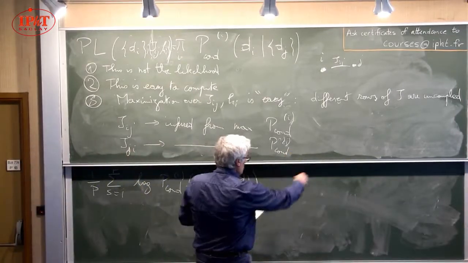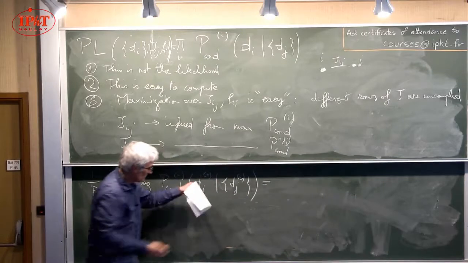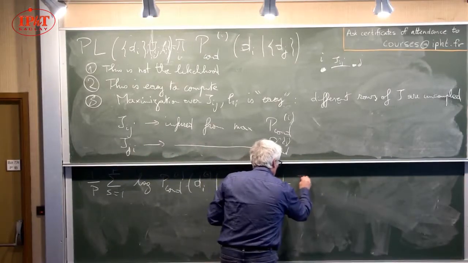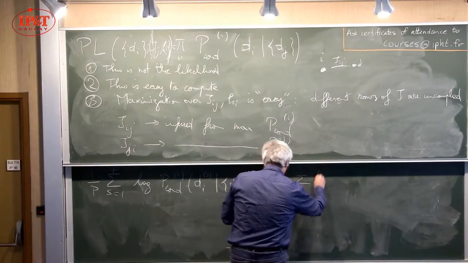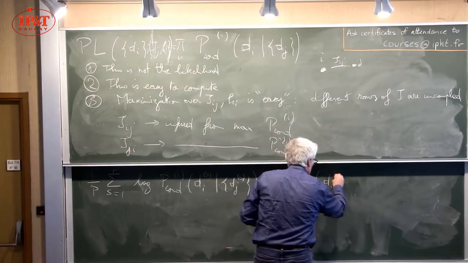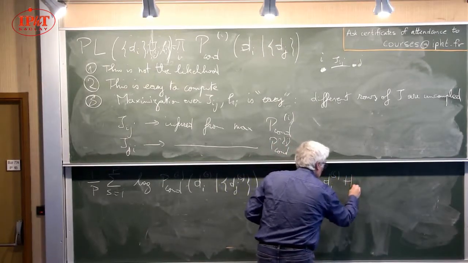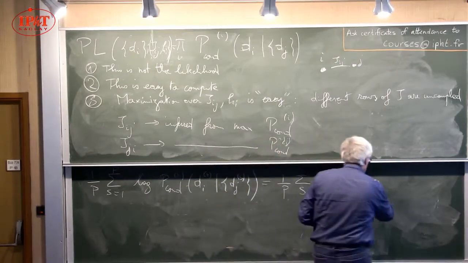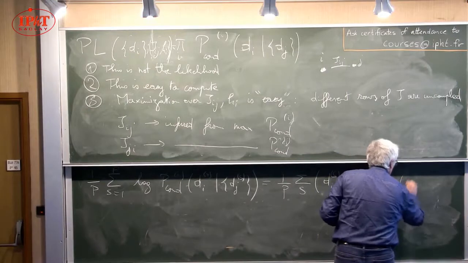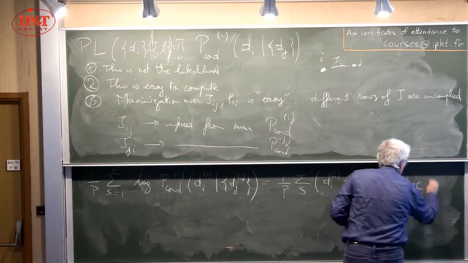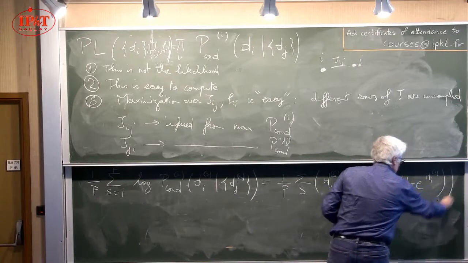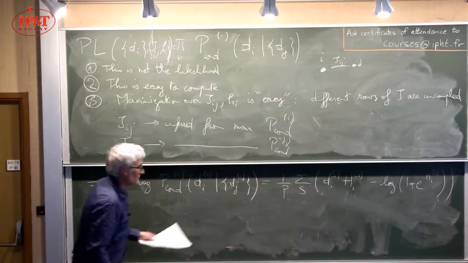I had written this on the other blackboard, but it is erased now. Anyway, the expression is simply 1 over P, sum over s of d_i(s) h_i(s), which depends on the d_j's, minus the log of 1 plus exponential of h_i(s).